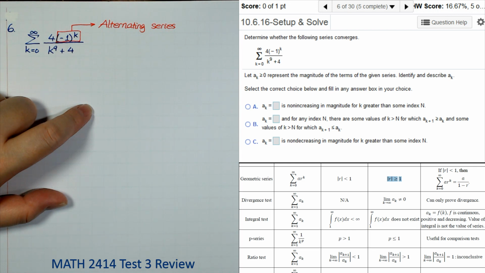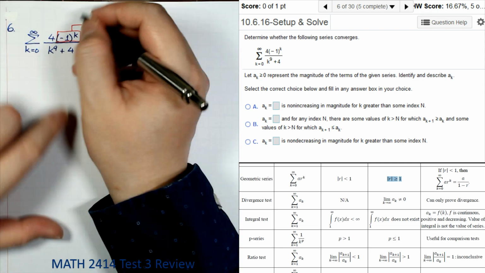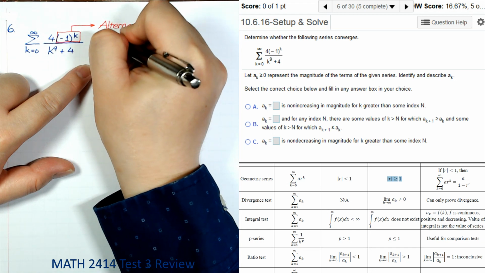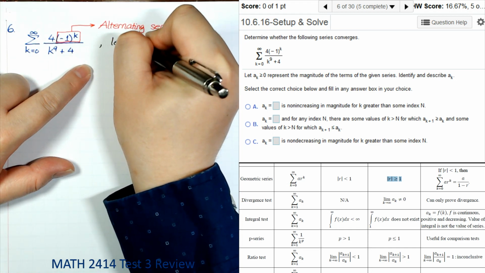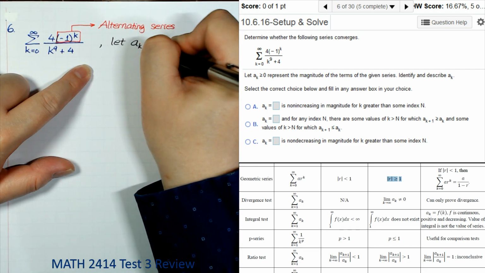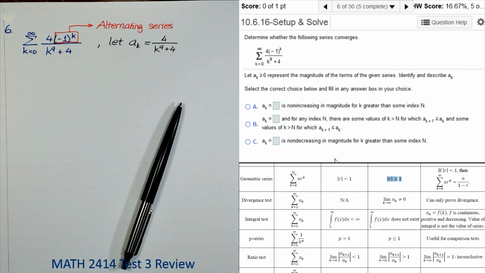So in that case, ignore that term. The rest is a sub k. Right, alternating series test. What do we have?